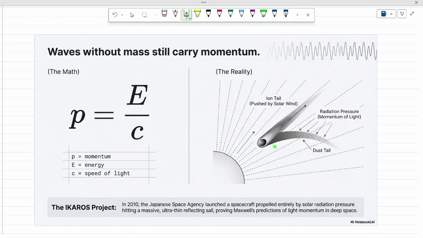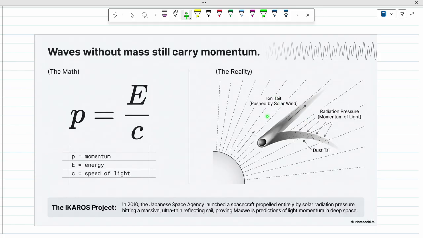Like when you look at a comet, named after the tail that it develops when it's near the sun, the direction of the tail is consistent with the direction where it's being pushed away by the radiation from the sunlight. And also there was a spacecraft called the IKAROS project that the Japanese space agency launched, which did a proof of concept demonstration of a solar sail that propels itself by reflecting sunlight.